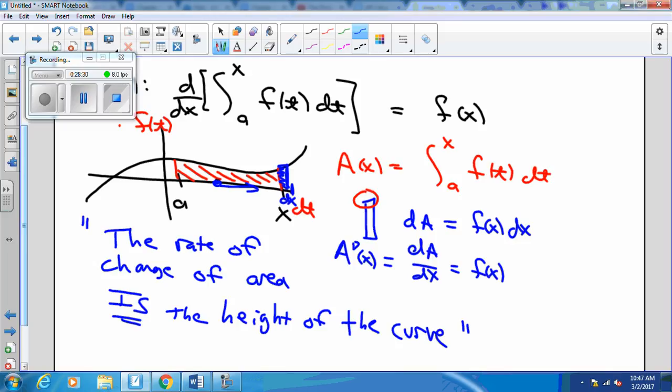So does that mean if I have extra area, I'll go slower?